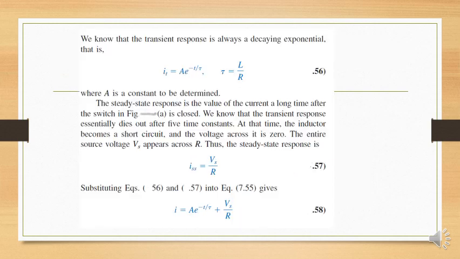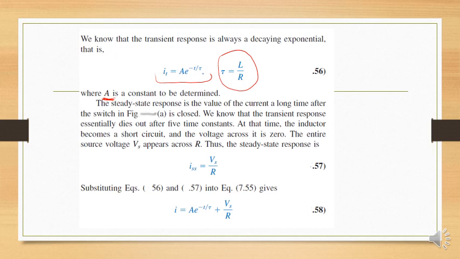As we know that the transient response is always a decaying exponential, we have studied these decaying and rising exponentials previously in the early stage of this chapter. So I is equal to A into e raised to power minus t over tau, where tau in case of inductor is L over R and A is the constant.